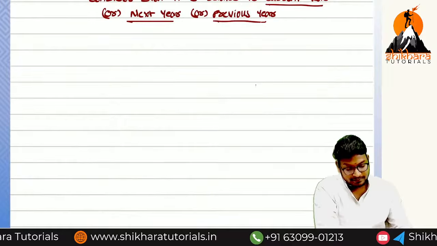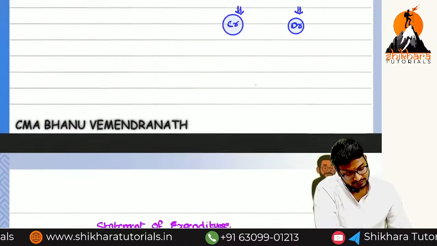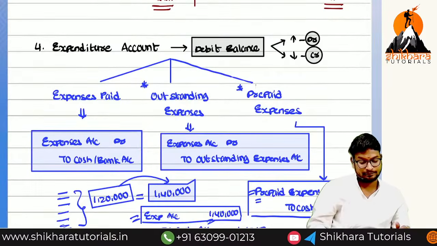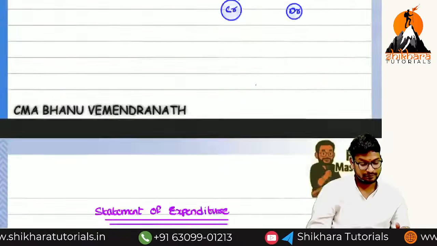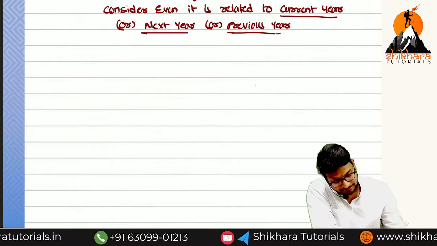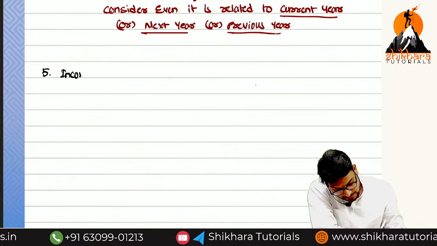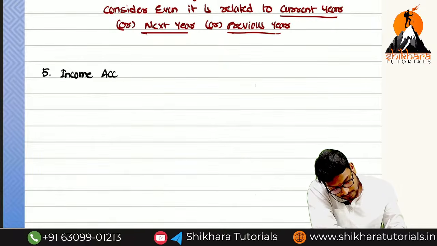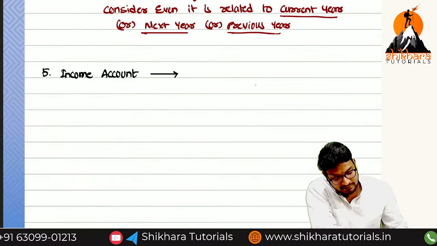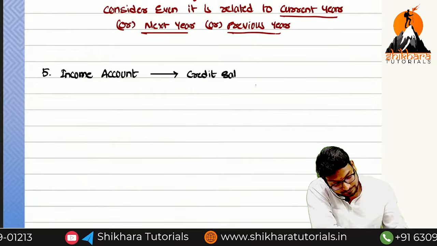So in the same way as we discussed in the expenses account, the fifth type of account, the income account. The income account will show which balance? Credit balance.